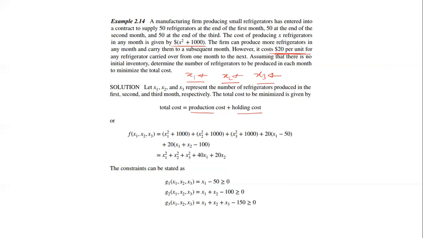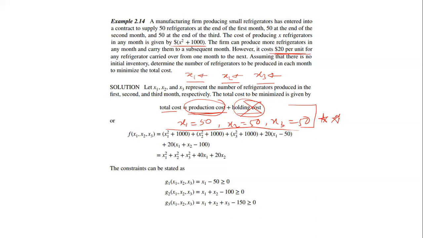Without solving anything, we can say that the total cost is just the production cost if you don't hold anything. If you drop the holding cost, this should give the minimum value. Then we only have the production cost, which means X1 should be 50, X2 should be 50, and X3 should be 50. This is common sense logic, and we don't need to solve it.